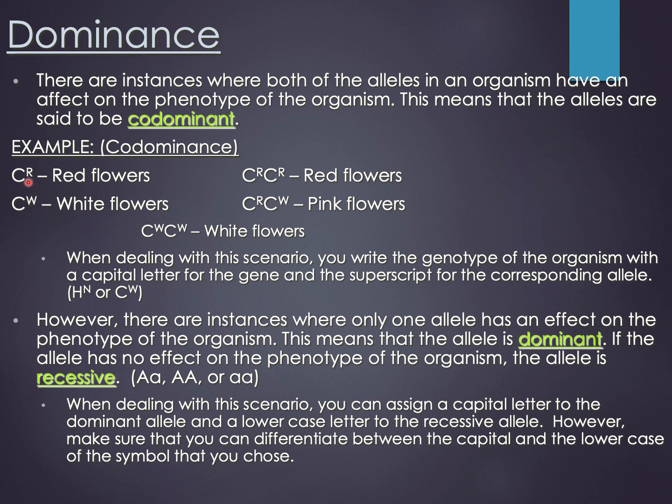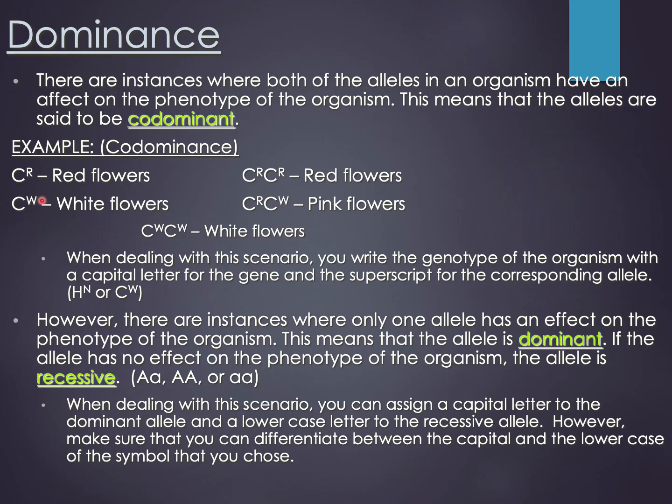So this capital C is indicating that we're looking at the color of flowers. And then the superscript is going to tell us the specific allele. The capital R is representing red flowers. The capital W is representing white flowers.